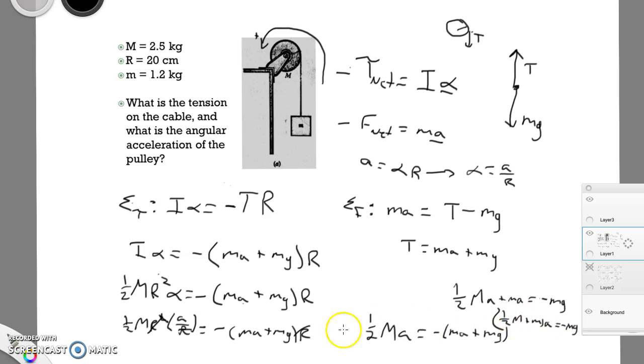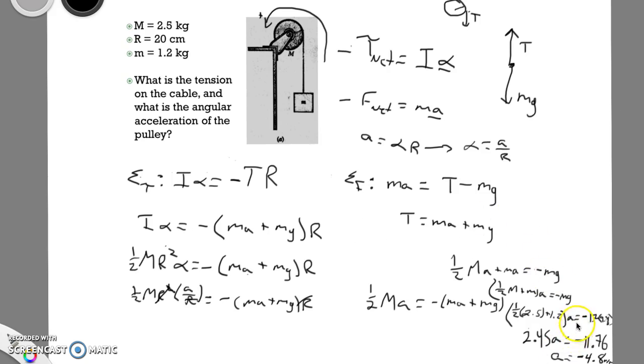Okay, so let's substitute in values and solve for a. Substituting the values and dividing over, you get the acceleration of this falling block is about negative 4.8 meters per second squared. And so that's not actually what we're looking for. We're looking for angular acceleration, but it's a quick solve from there.